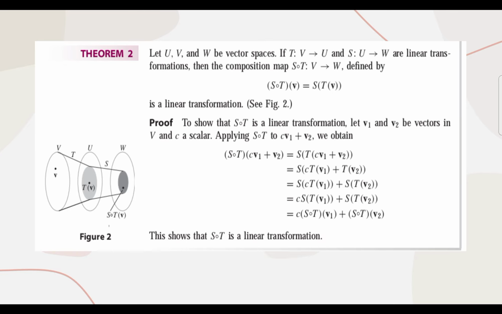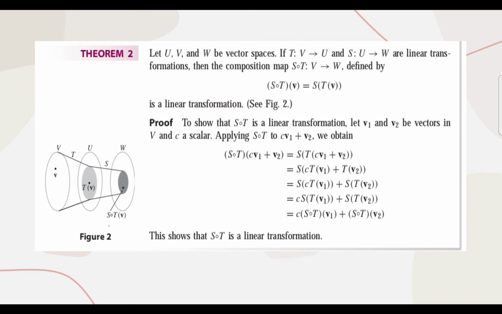The circles represent three distinct vector spaces. We have V, the starting domain, U, the intermediate space, and W, the final codomain. The transformation T maps a vector v from V into U, resulting in T of v. S then takes the result from U and maps it into W, resulting in S of T of v.